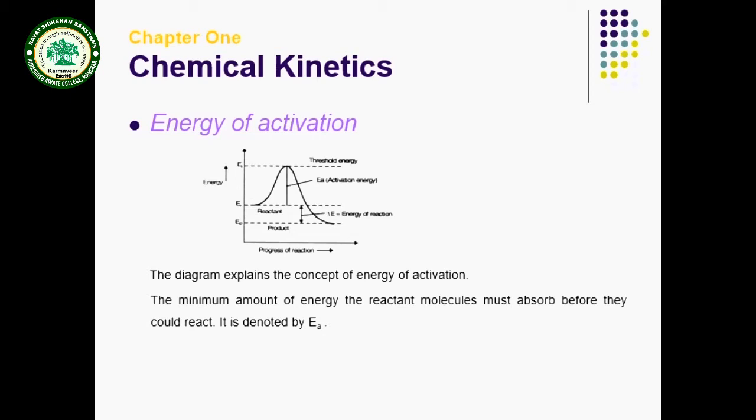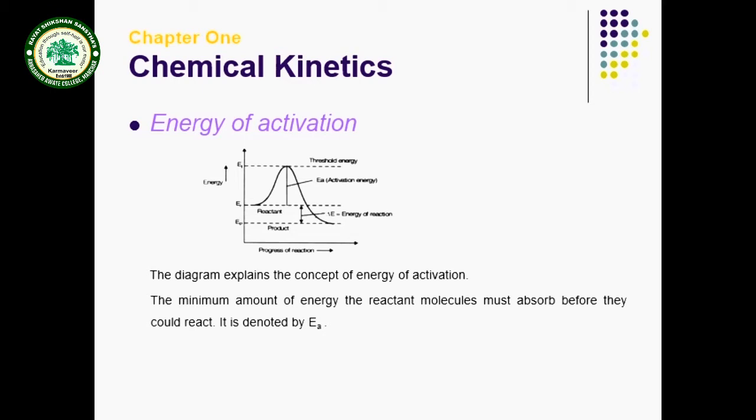In this diagram it is higher than that of the energy of products. Here the products are there and the corresponding value of energy is EP, energy of product. Here the reactant is there, the corresponding value of energy is ER, that is the energy of reactant.